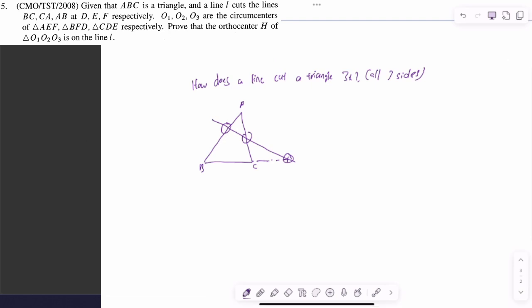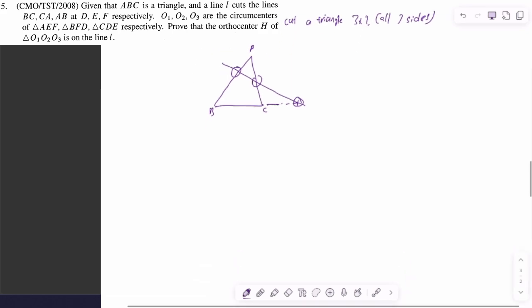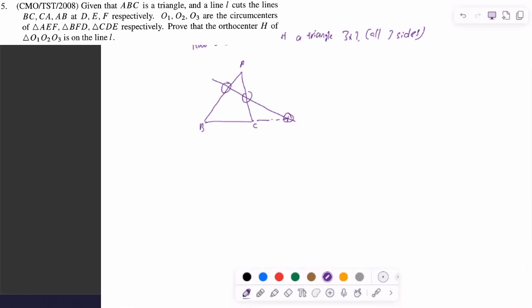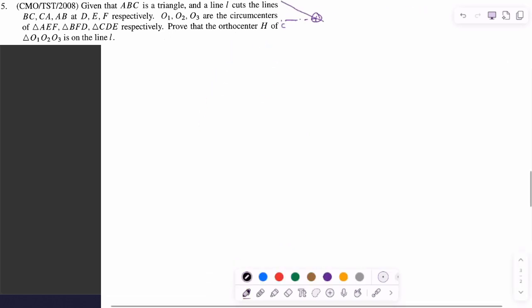Next thing, let's get into the actual question. So basically we have to draw a diagram, and let me outline how we're gonna do this. First of all, let's write the actual solve.